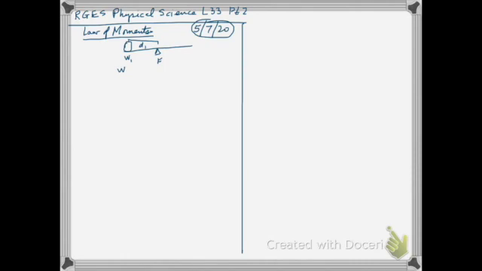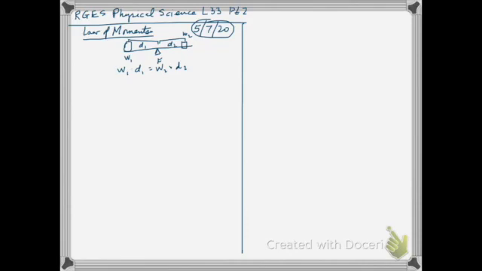So weight 1 times D1 is going to be equal to weight 2, I say this is a smaller weight, and the distance from that smaller weight to the fulcrum is D2. So we have weight 2 and we have D2. We multiply those together. D1 times W1 is equal to W2 times D2. So let's work one of those problems.